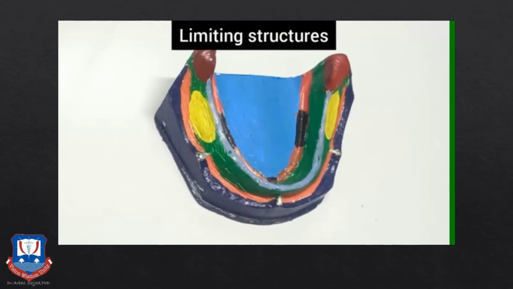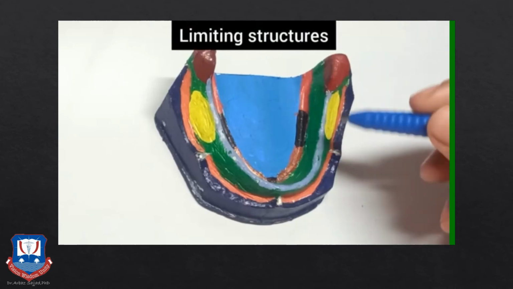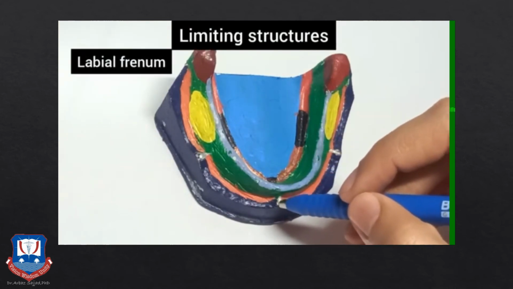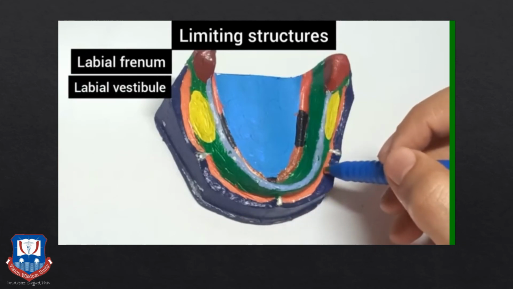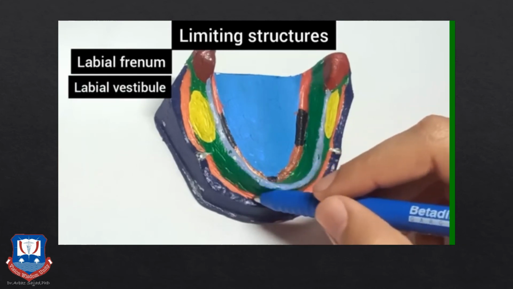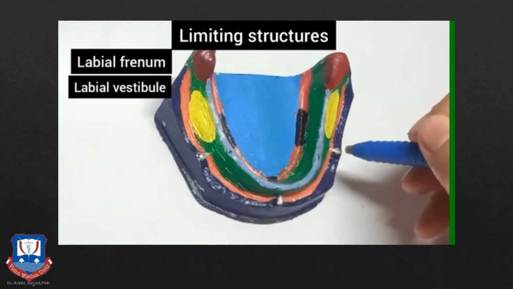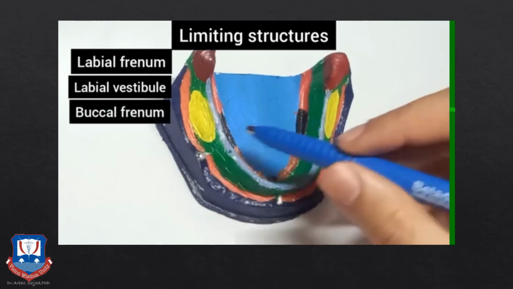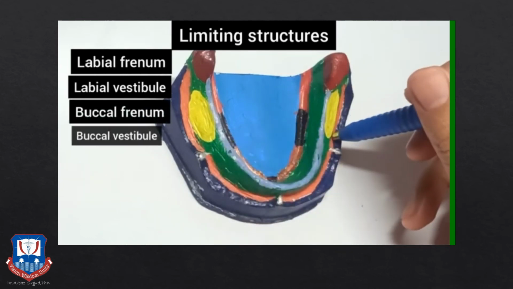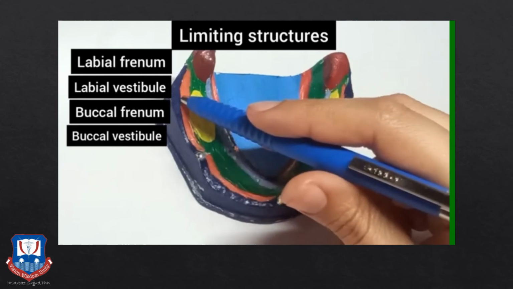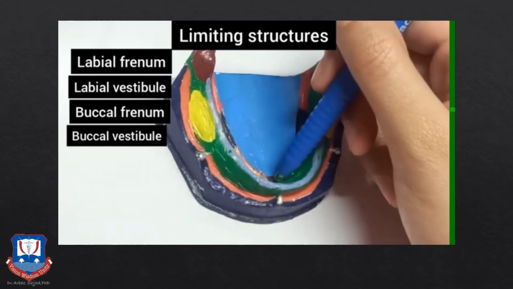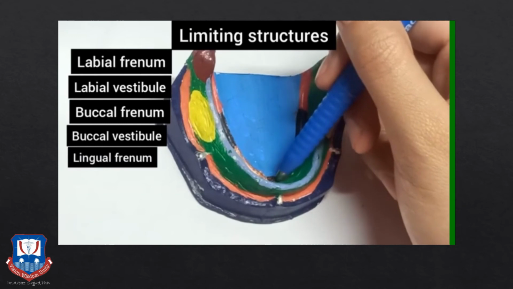So, the limiting structures in the mandibular denture bearing area are the labial frenum, in the midline, and the labial sulcus. Then we have the buccal frenums on either side, and posterior to the buccal frenum, we have the buccal vestibule.